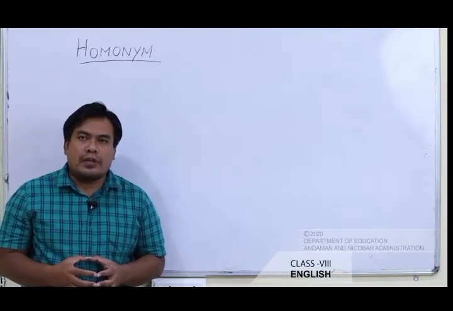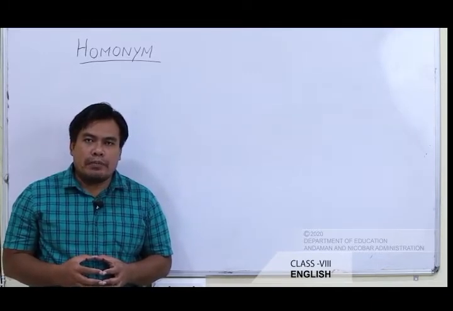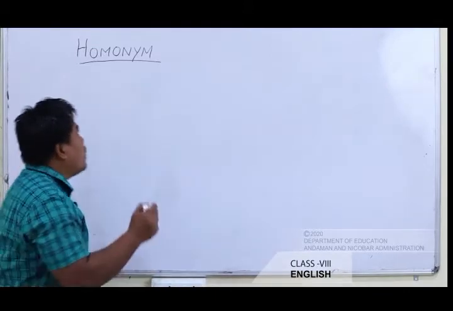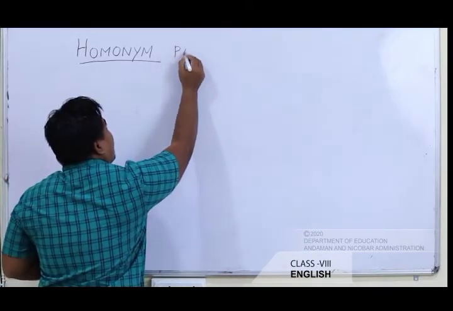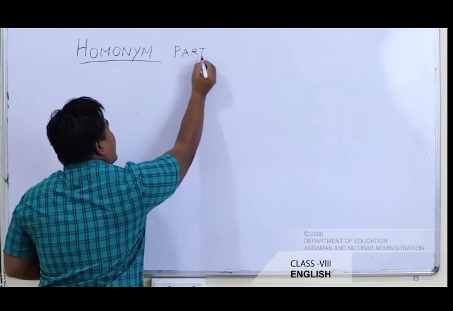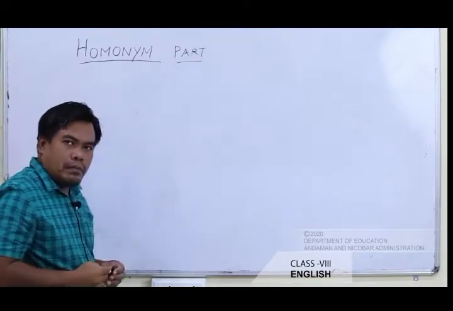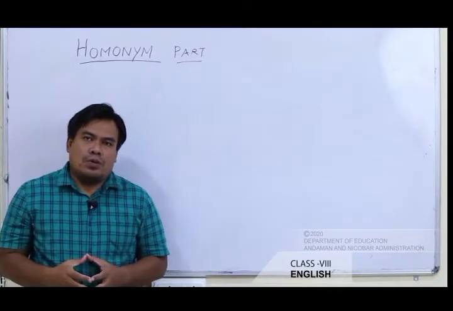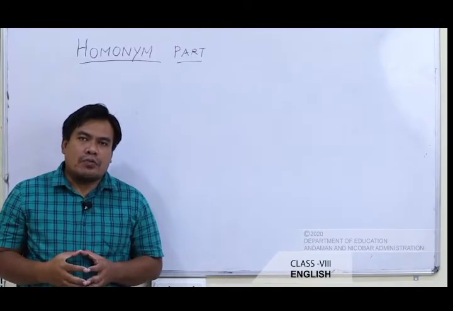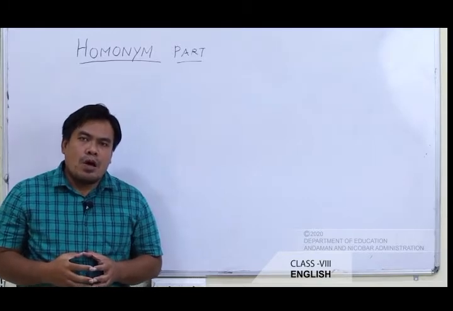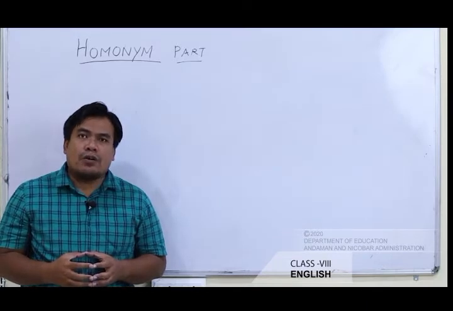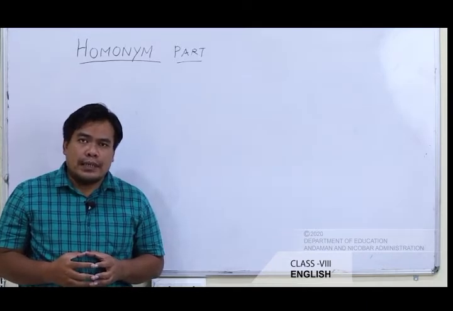So today what I'm going to deal with is homonym part 2. I guess I have explained the meaning of homonym, the definition of it. So let me just tell you what a homonym is. Words which have the same sound and the same spelling are called homonyms.